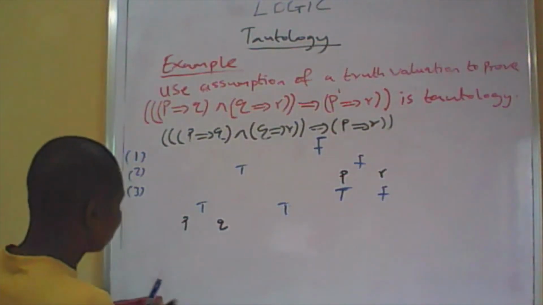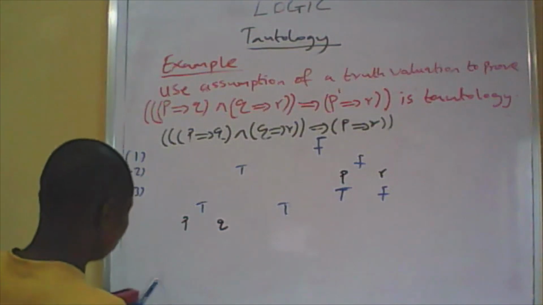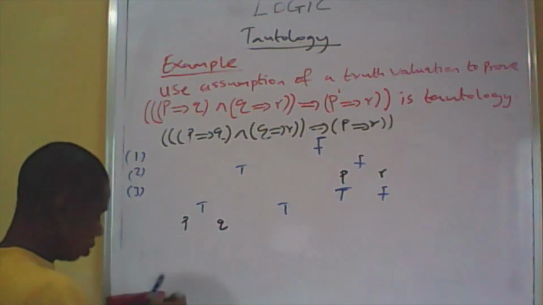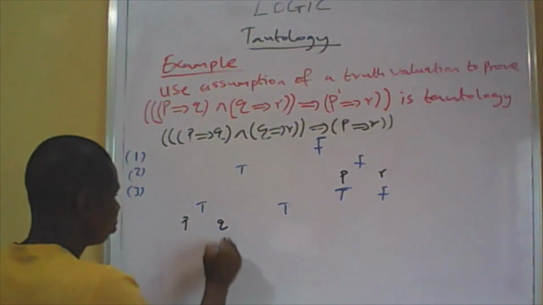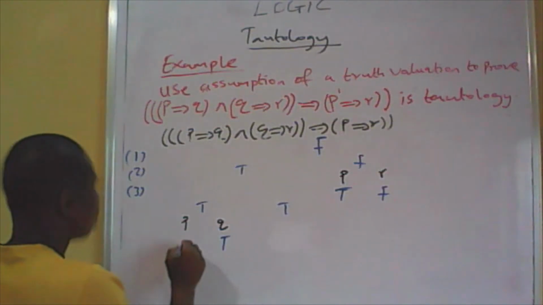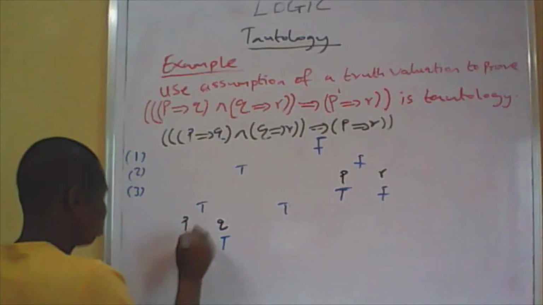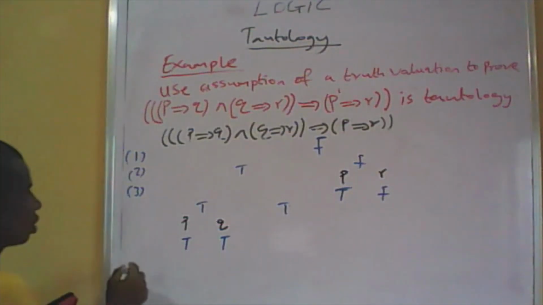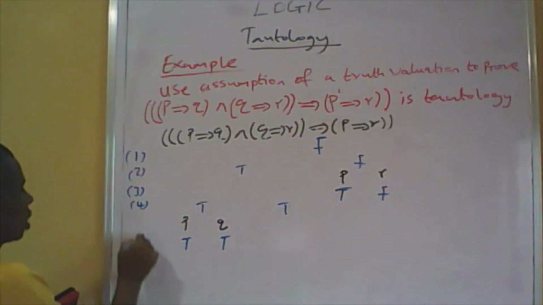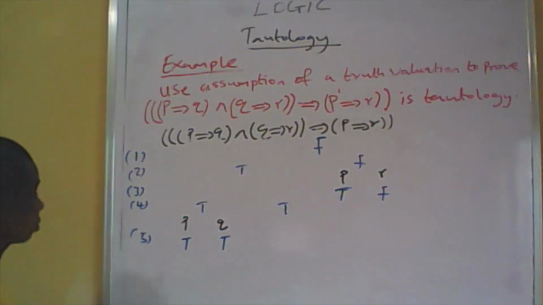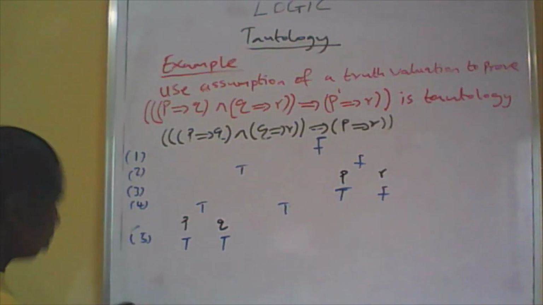So here, since it is true, we write this one is true, this one also is true. Assume that it is true. Here is line 4, here is line 5.